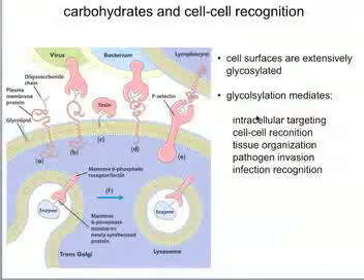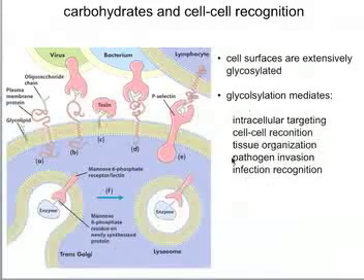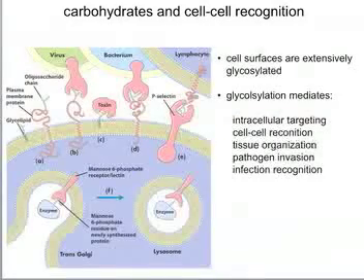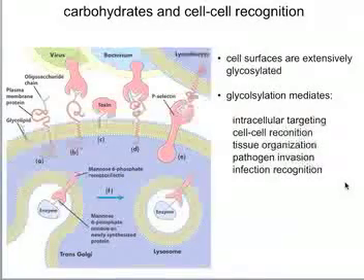This glycosylation mediates a whole slew of interactions: intracellular targeting, that is to say, where we localize our protein within the cell; cell recognition; tissue organization, which is controlled by cell recognition; and invasion of pathogens, or the recognition of an invasion of pathogens. All of these processes are mediated by decorations of cell surfaces and proteins with carbohydrates.